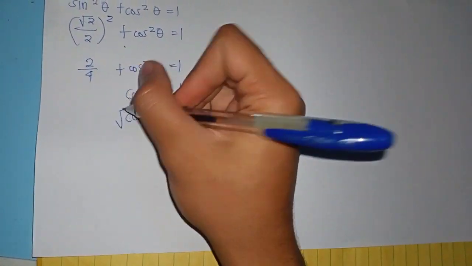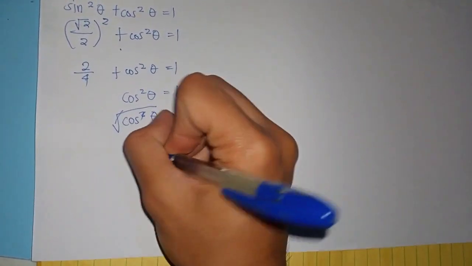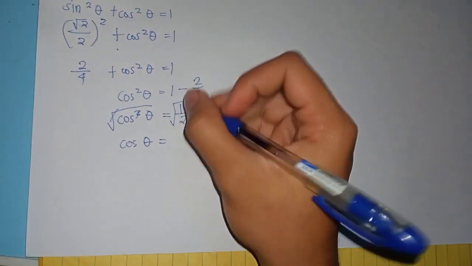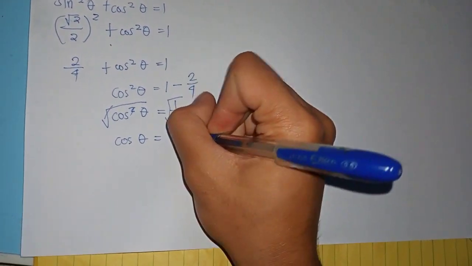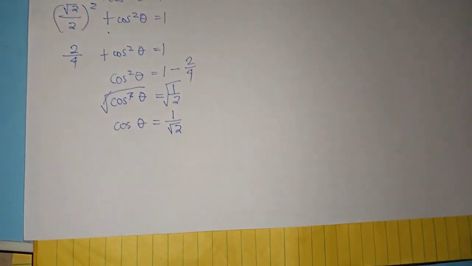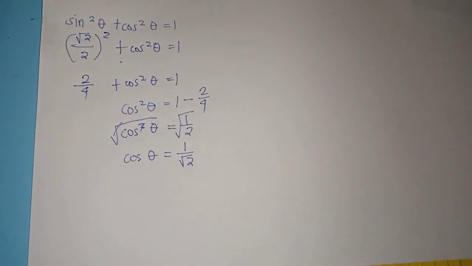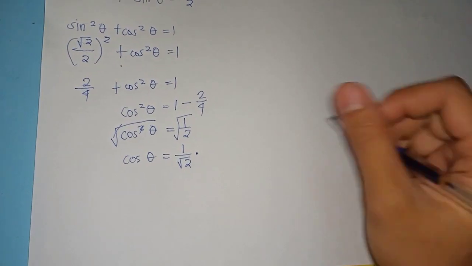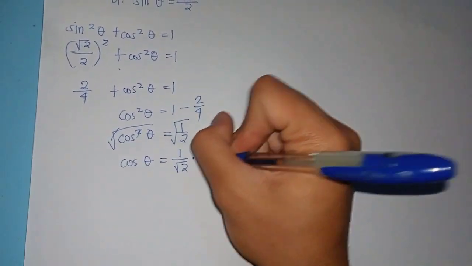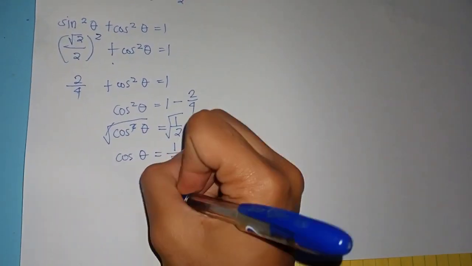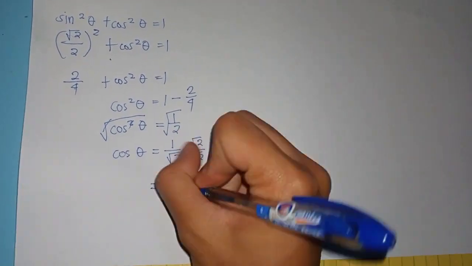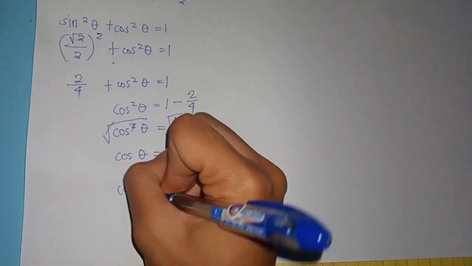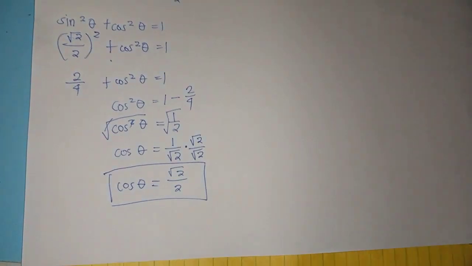So we have cos theta is equal to square root of 1, which is 1, over square root of 2. It's not finished yet. We need to rationalize this because we cannot leave radicals in the denominator. So it is equal to square root of 2 over 2. That will be the value of our cosine, square root of 2 over 2.